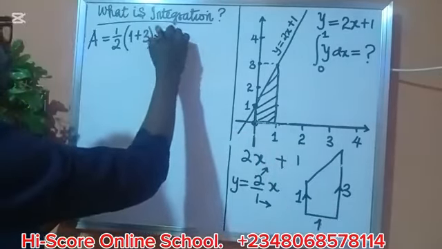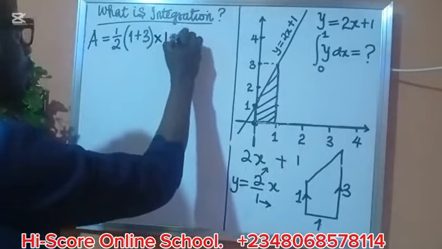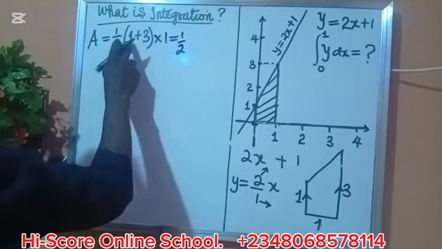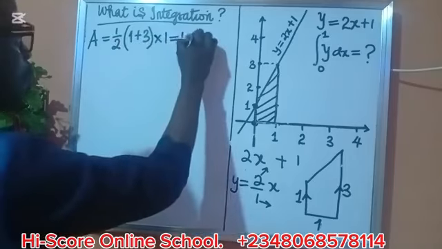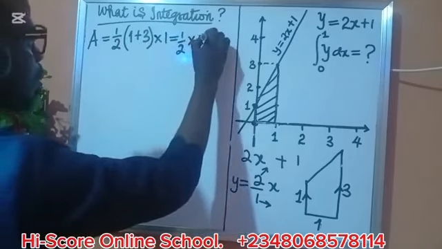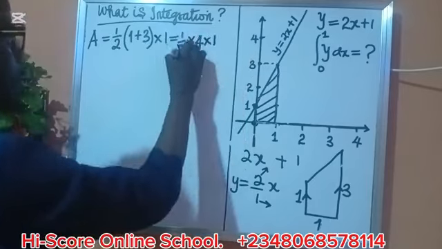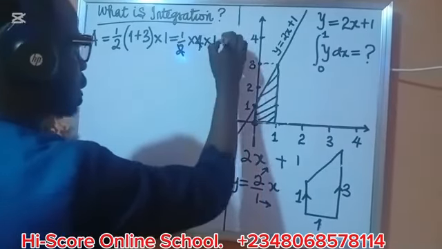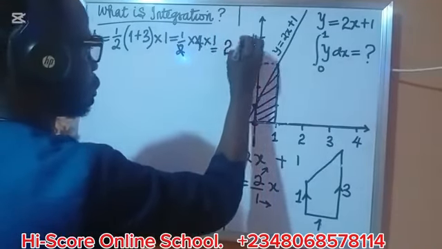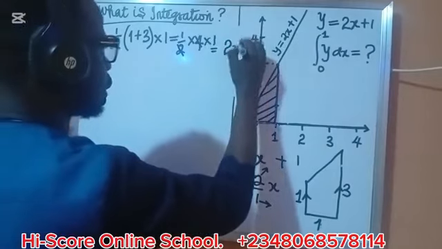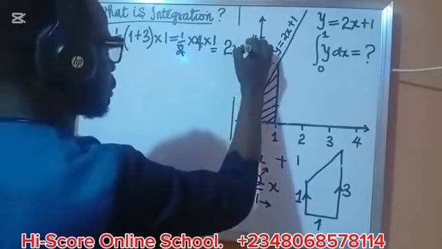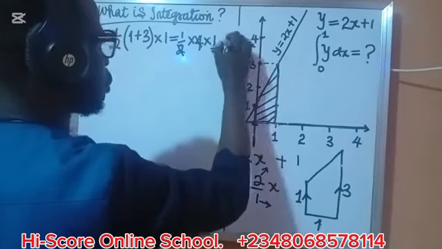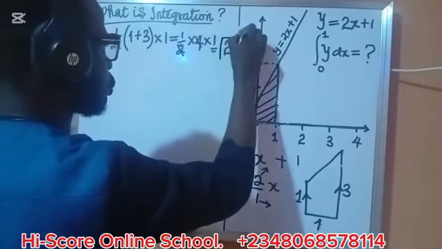This will give us 1 over 2 times 4 times 1. That is 2 square units. So the answer is 2.